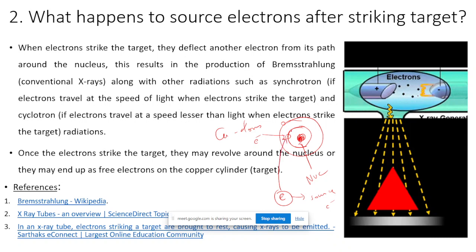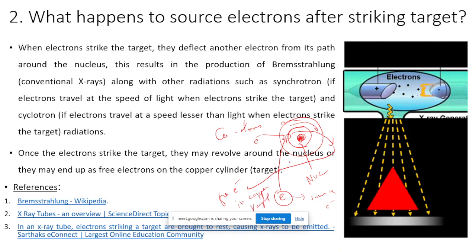This mostly knocks it off, and the source electron either stays in this particular orbit after knocking this off, and the knocked-off electron becomes a free electron in the copper target.